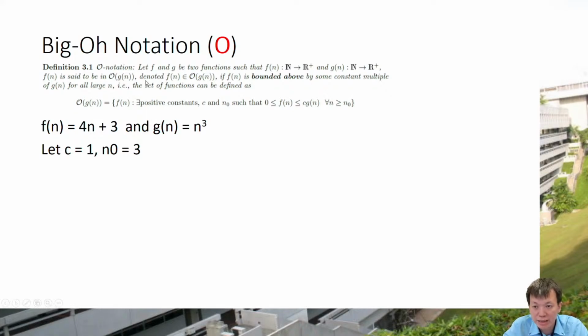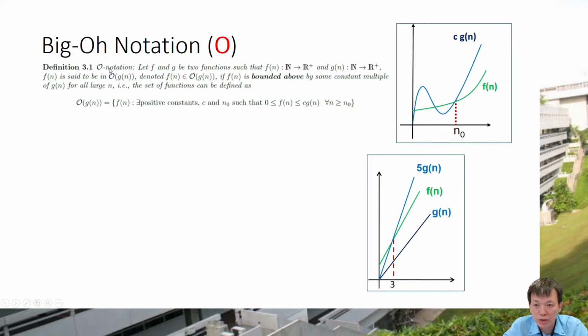One conventional definition: big O is, let f and g be two functions, and f is the time complexity. So we say that f(n) is in O(g(n)). That means f is bounded above by some constant multiple of g(n) for all large n.